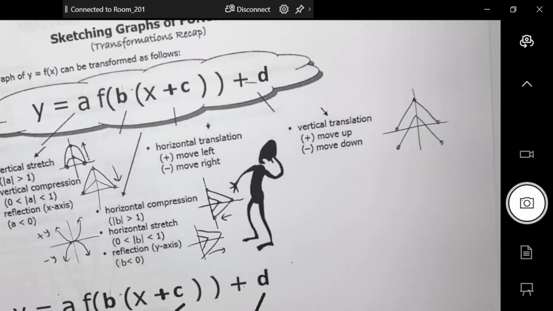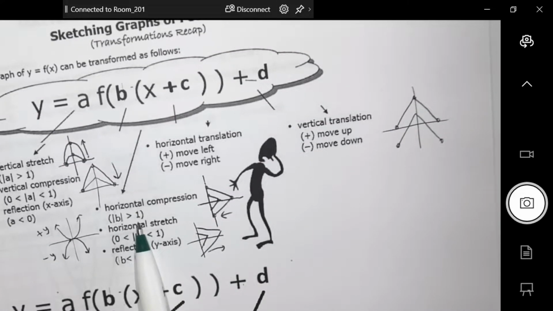Did you notice how I compress it if B is bigger than 1, opposite, and I stretch it if B is less than 1? Your brain has to think opposite. If you see a big number, you make it smaller. If you see a small number, you actually make it bigger.